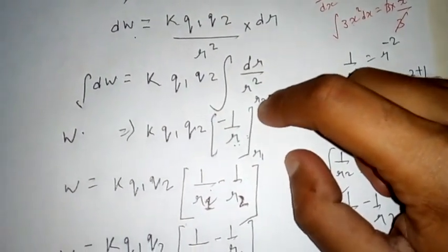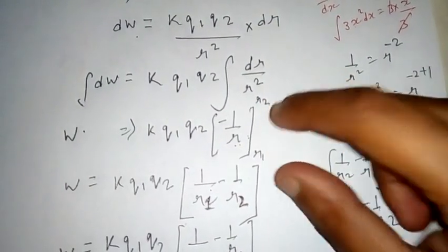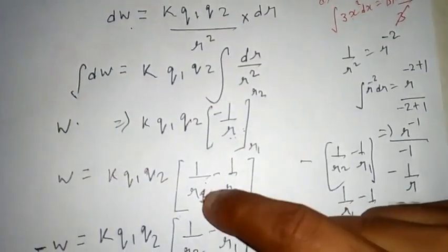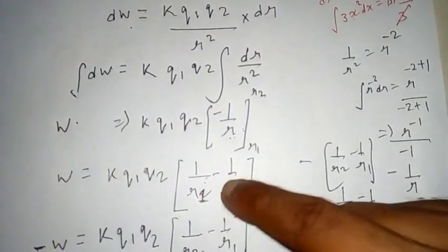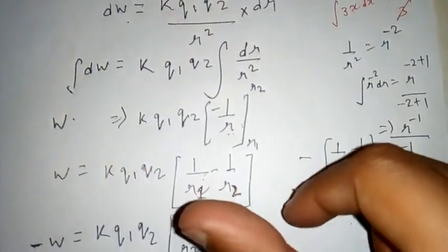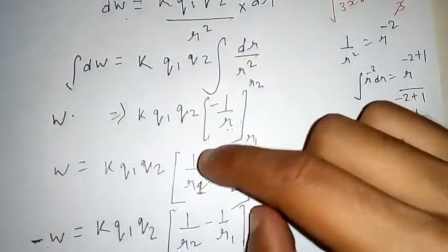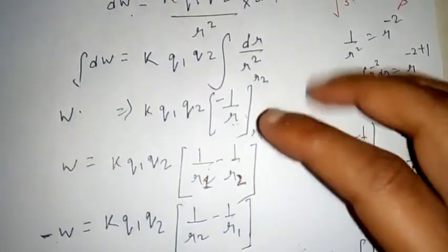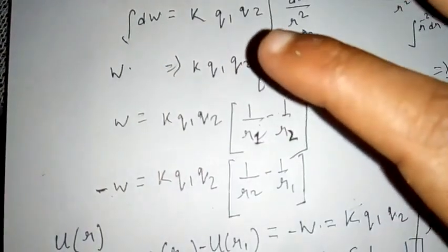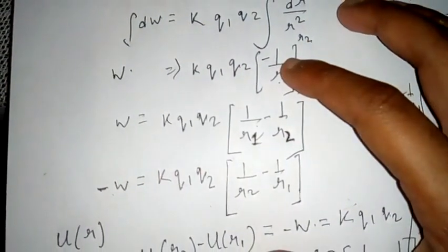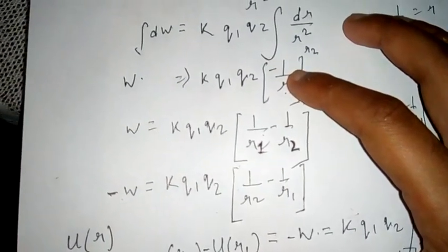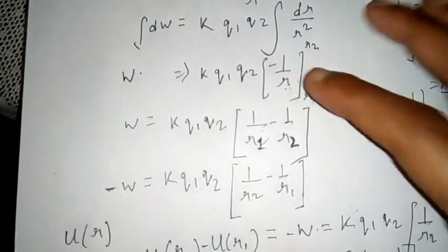Okay, so if I ignore this negative sign, I could have written this as 1 over r2 minus 1 over r1, but there is a negative sign, so these will reverse. It will become 1 over r1 minus 1 over r2. Okay, so the electric potential energy will be written as how much?